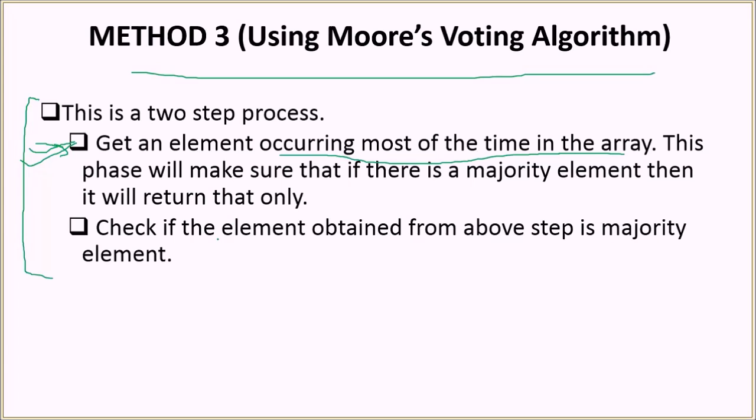In the next step, we just have to check whether this number, which we got from the first step, is the majority element or not. So we get a candidate from the first step, and then we check if it's a majority element or not.